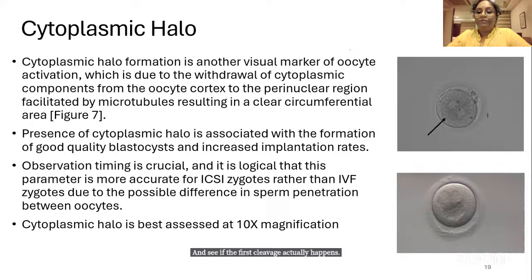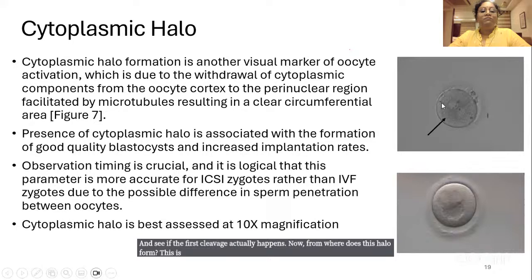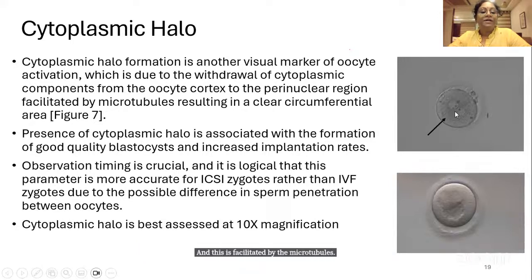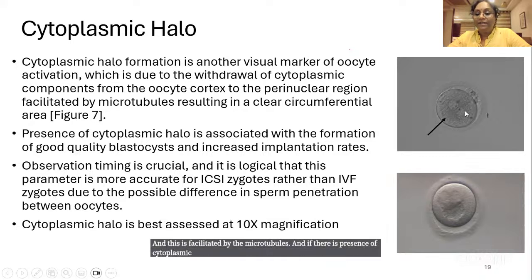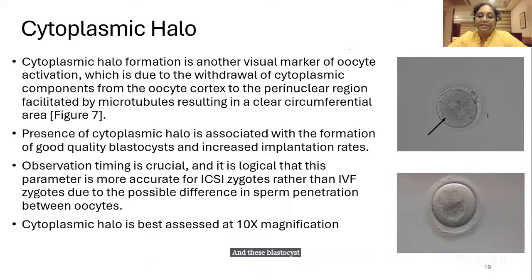Now, from where does this halo form? This is because of the withdrawal of cytoplasmic component from the oocyte cortex to the perinuclear region, and this is facilitated by the microtubules. The presence of a cytoplasmic halo is associated with the formation of good quality blastocysts, and these blastocysts also have an increased implantation potential. Again, observation time is very crucial.